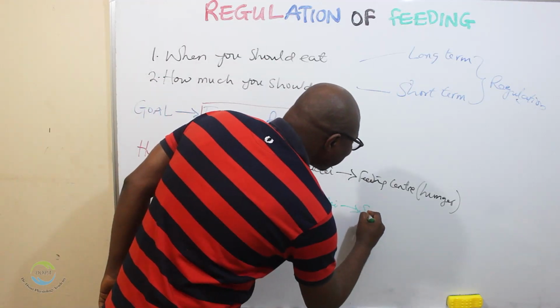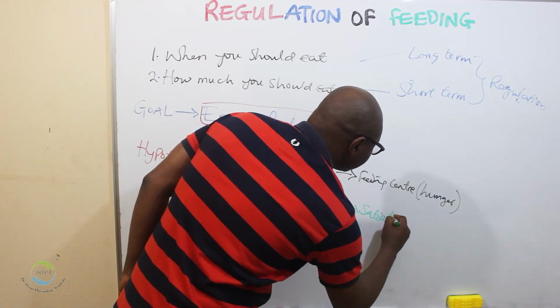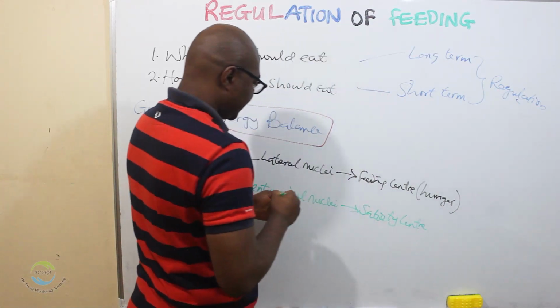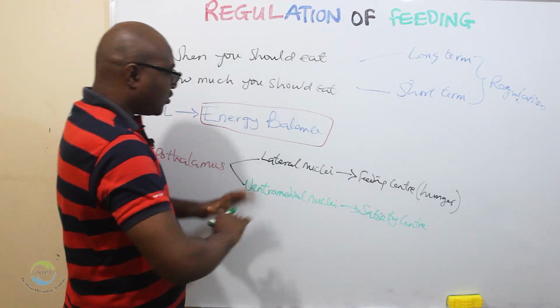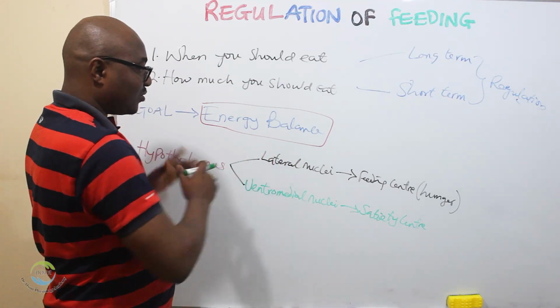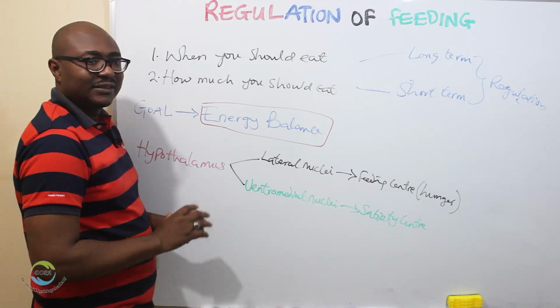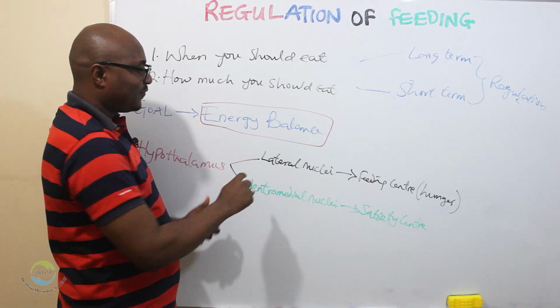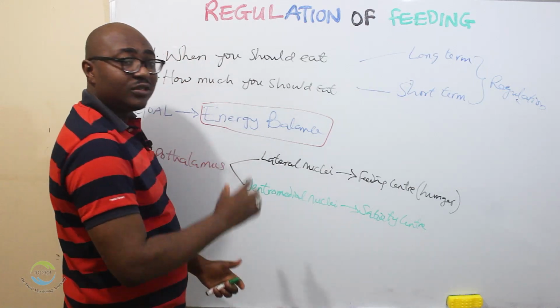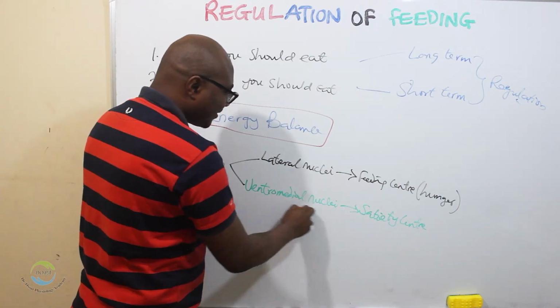So it's called the satiety center. This is what the hypothalamus does. When you need to take in food, the feeding center is stimulated. When you need to stop taking in food, the satiety center is stimulated.